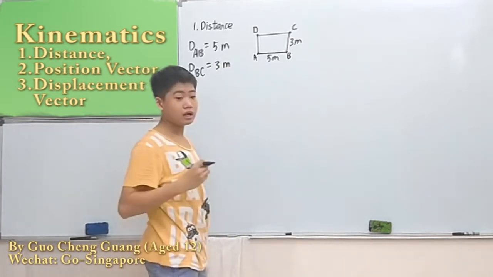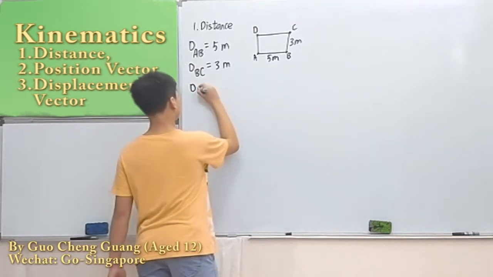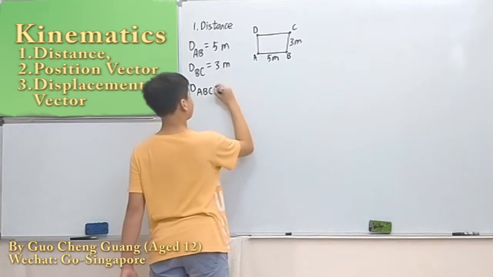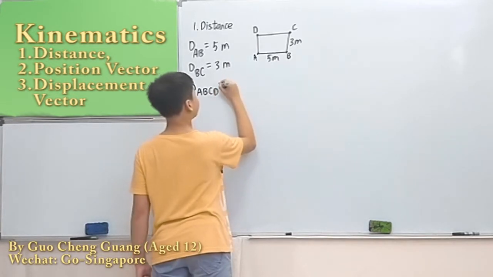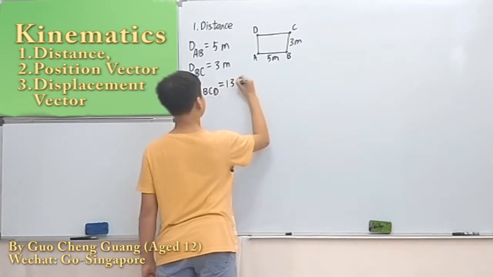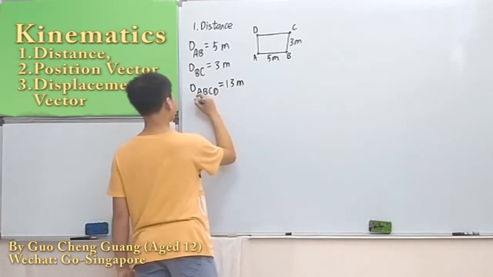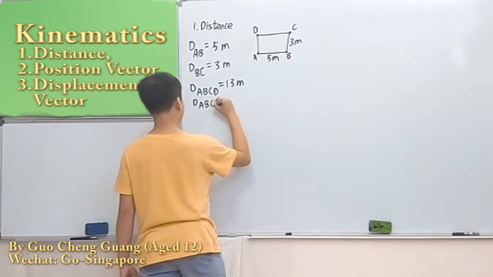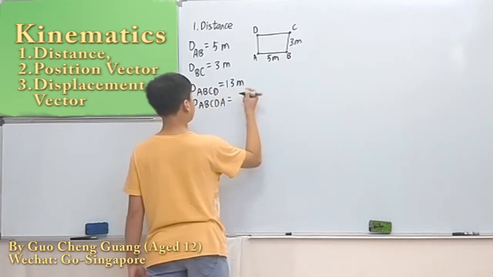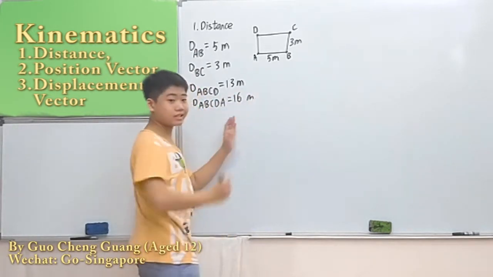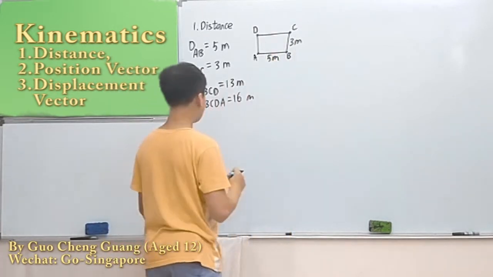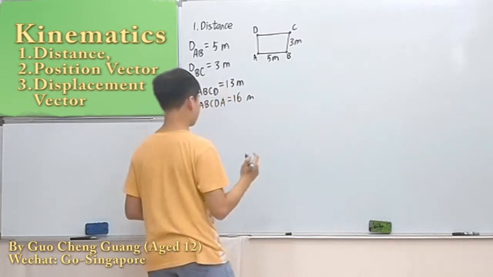If it is the distance of A to B to C to D, then this part will be 13 meters. Now just one whole round: A, B, C, D, then back to A, so this part is 16 meters. One whole round.